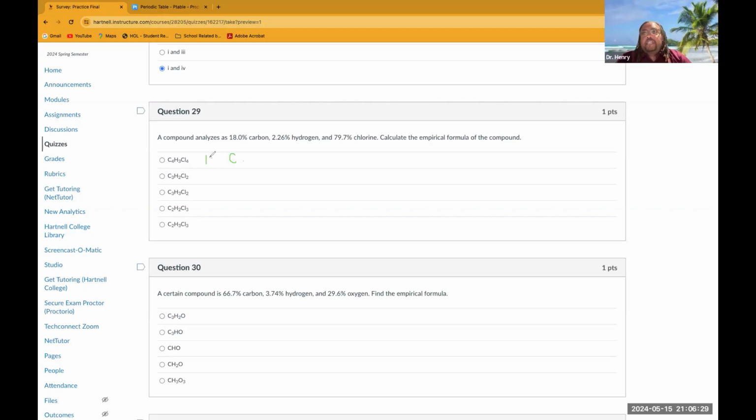Okay, so we have 18.0 grams of carbon. We have 2.26 grams of hydrogen. And we have 79.7 grams of chlorine.